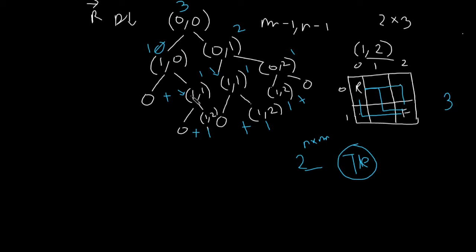To avoid this TLE, what we can do is store this value. We can have a vector, that is a 2D array, where we'll be storing this value, so at index 1 comma 1 we'll be storing 1, right?